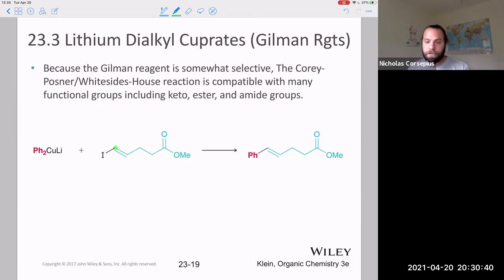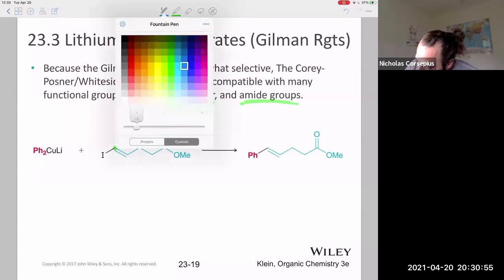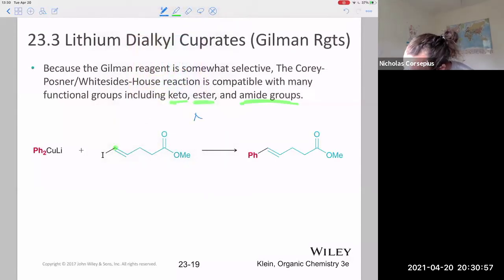So you can have an ester group on there, you can have a ketone group or an aldehyde group on there, and that will still be compatible with these types of reactions, right? So any ketone, aldehyde, ester or amide group, and I guess we'll keep it blue because it would be that portion of the molecule, not an acyl halide.